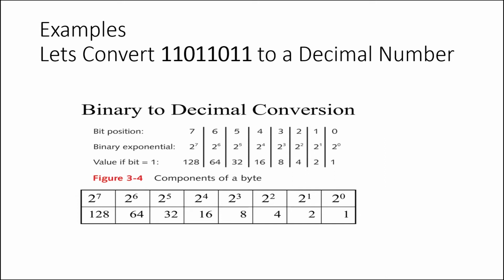I will name each bit as per its position. I will consider from right hand side to left hand side. From the right hand side, the first bit position I will name the 0th position. The next one is the first position. The next one is the second position.